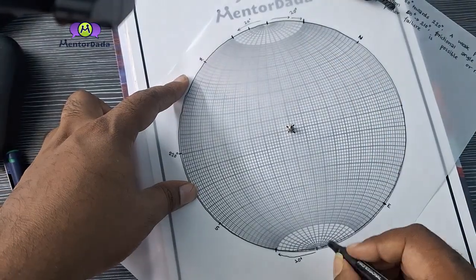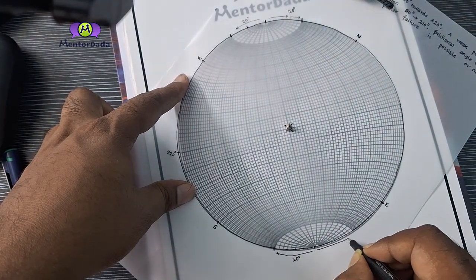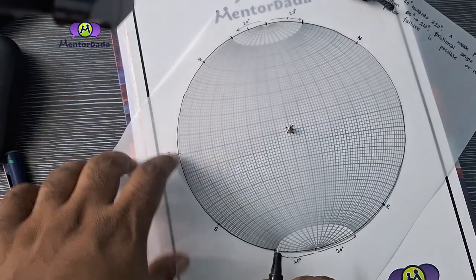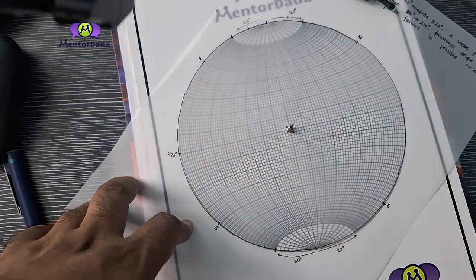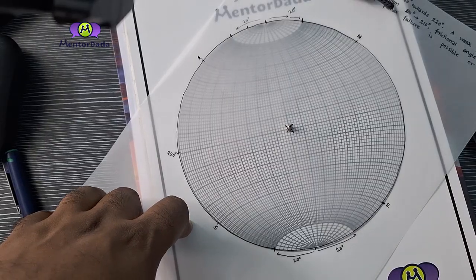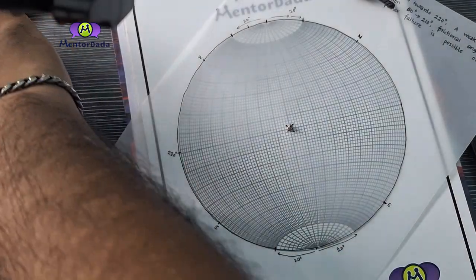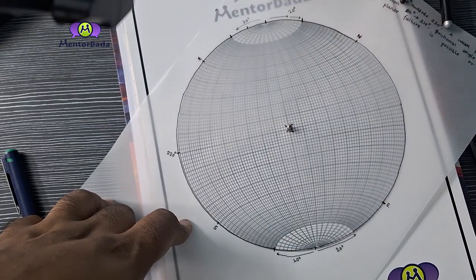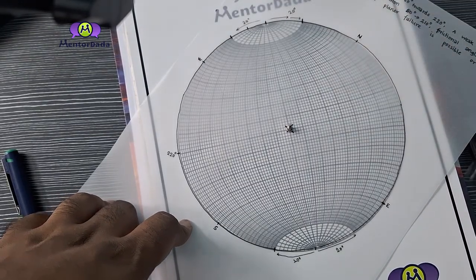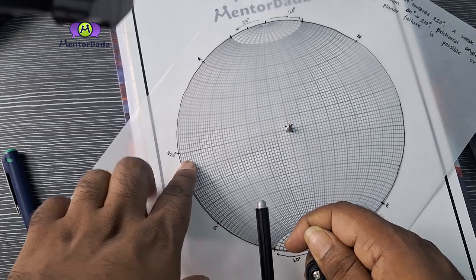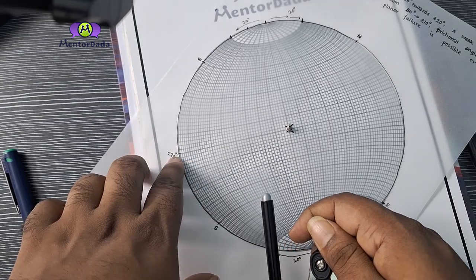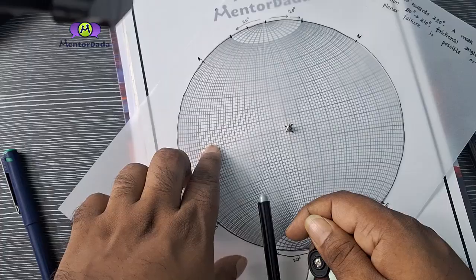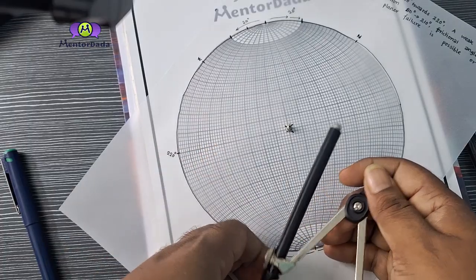So this one, and also this one, this is also 20 degree. Now we have to draw the circle using the frictional angle. The frictional angle has been mentioned as 30 degree in the question. So 30 degree means on a vertical plane, if you measure 30 degree, this will be 10, 20 and then 30, right?